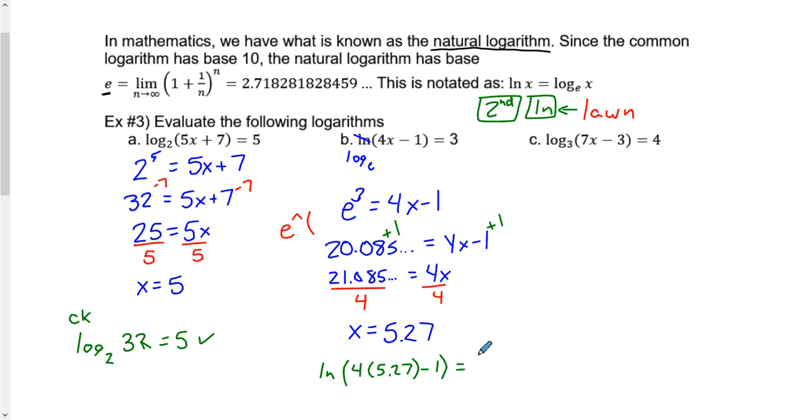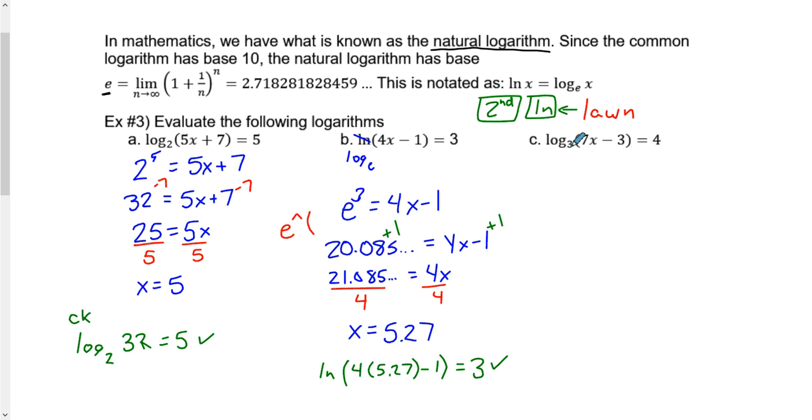If you type that into your calculator, so instead of pressing the second ln, you just press ln of 4 times 5.27 minus 1, I get 2.999724295, but again, because that's rounded, it's effectively 3. You don't have to check your stuff, but it doesn't hurt.